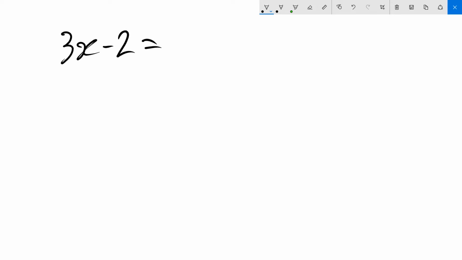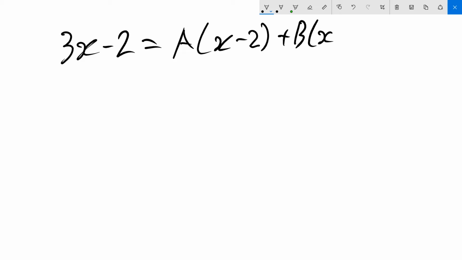So now I'm going to solve for a. So a lots of x, I'm going to do that, and I'm going to sub x equals negative 2 this time, so I can cancel out b.